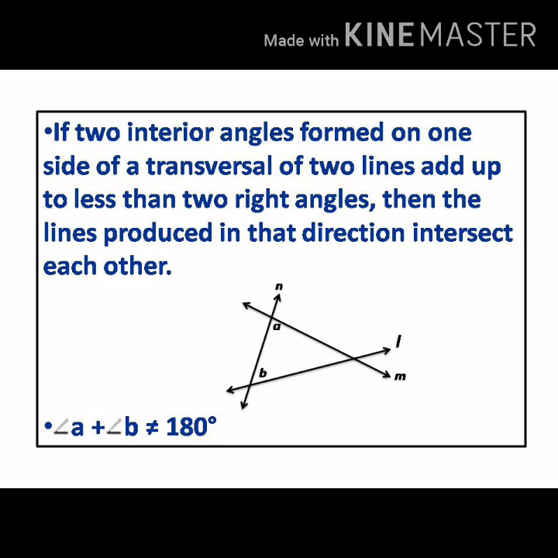Fifth postulate: if two interior angles formed on one side of a transversal of two lines add up to less than two right angles, then the lines produced in that direction intersect each other. Students, in the given figure, line L and line M are two straight lines and line N is a transversal. The sum of angle A and angle B is less than 180 degrees.